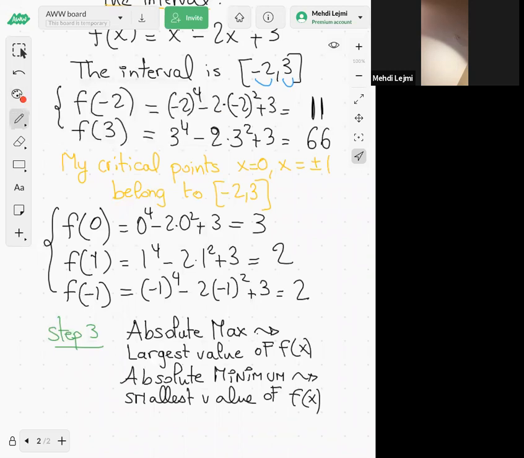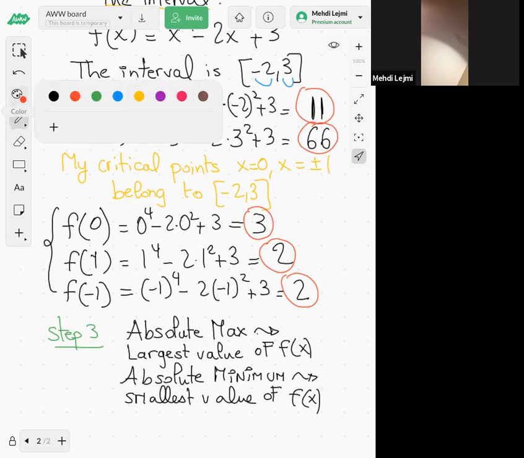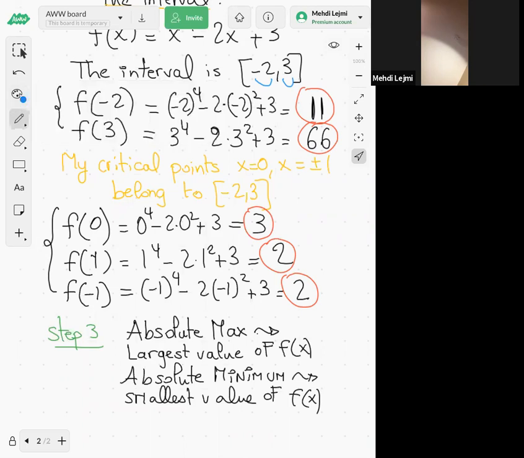So I have 11, I have 66, I have 3, I have 2, I have 2. So which one is the largest one? That's the 66, right? So you see, guys, this is 66. That's the largest value. That's f of 3.